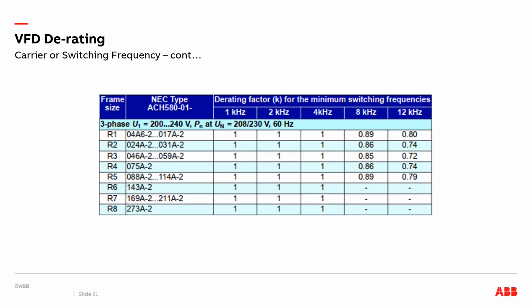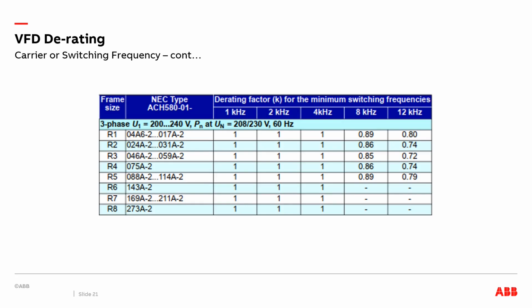And there isn't really a good rule of thumb when it comes to derating for carrier frequency, because depending on the rate at which the carrier frequency is increased above default, it can change for each size drive, whether it be horsepower or even frame size. And it's not consistent. There's not a trend through the size increases. And it can change from even voltage to voltage.